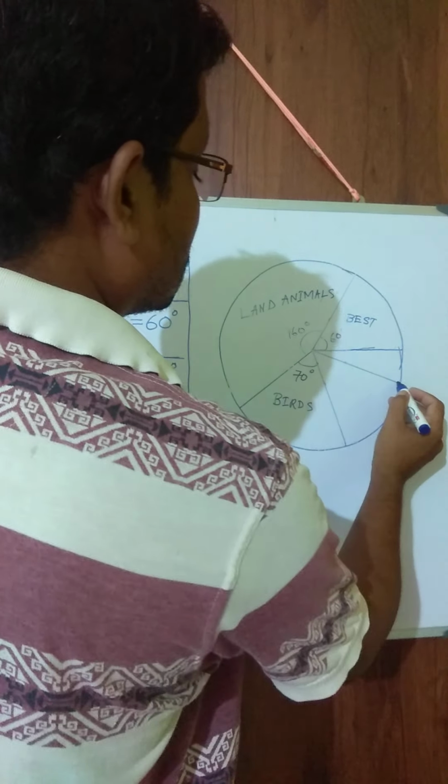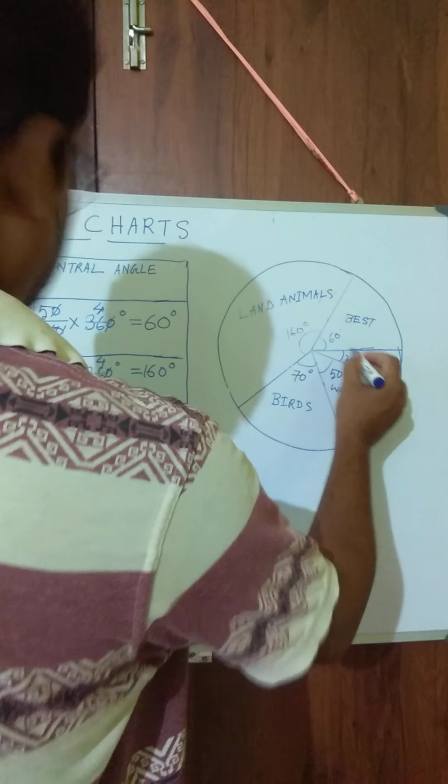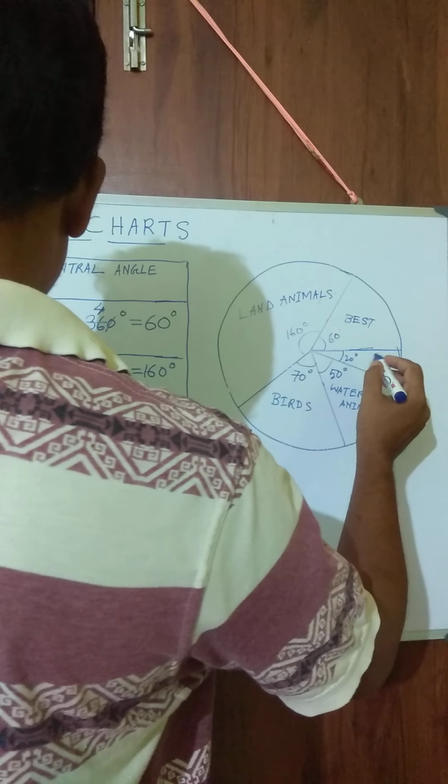It is 50 degree. And here you write water animal. The remaining angle is also 20 degree. Here it is reptiles.